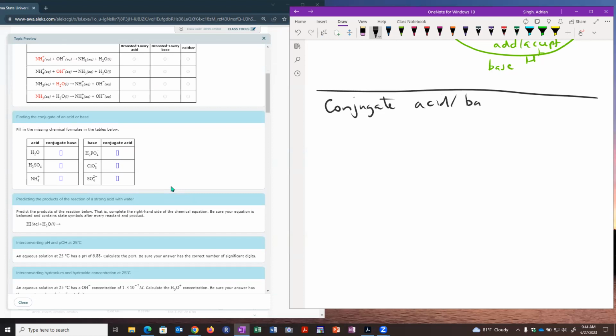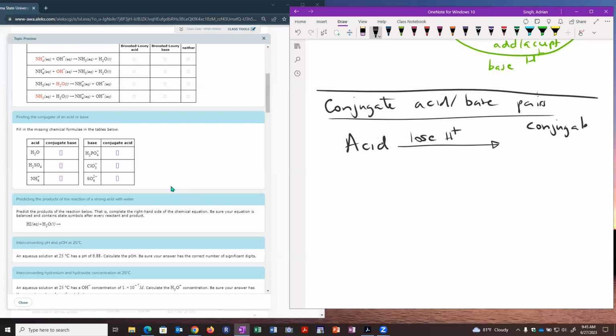So conjugate acid base pairs is what we're looking at. So if we're looking at an acid, and this is based again on the Bronsted-Lowry definition, acids are going to do what acids do, which is to lose an H plus or give up an H plus. Then what it becomes is the conjugate base.